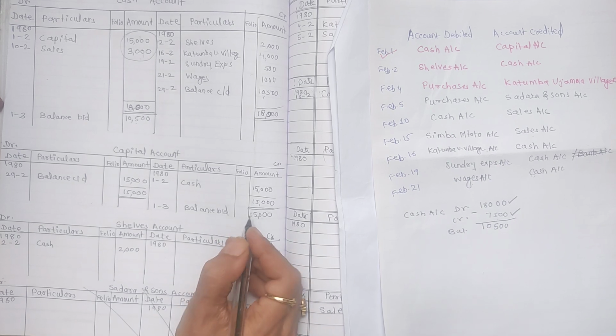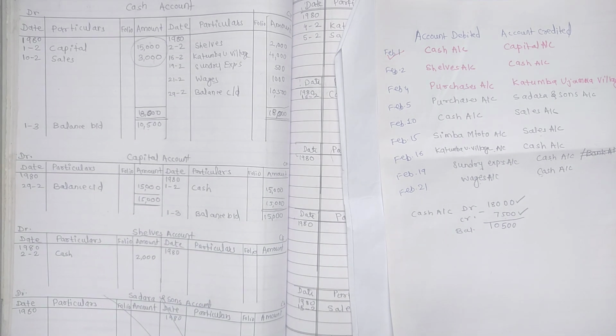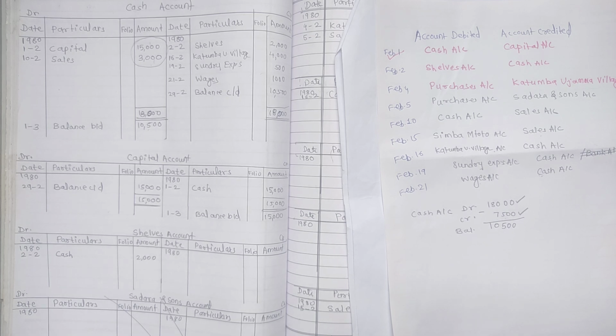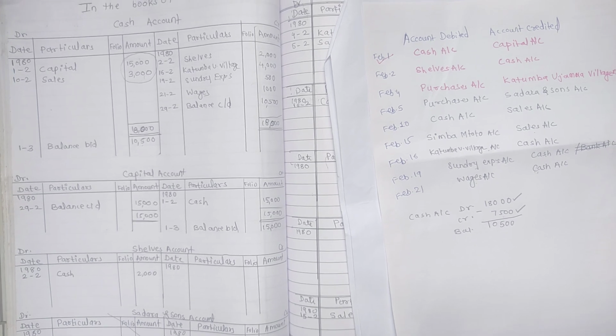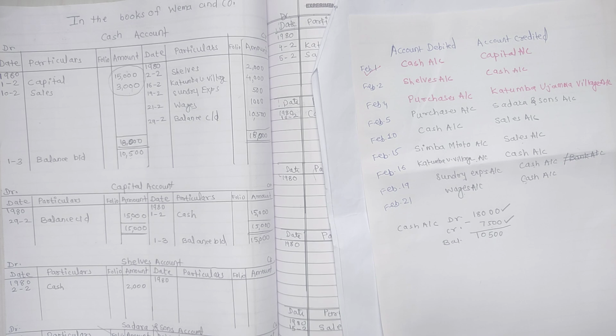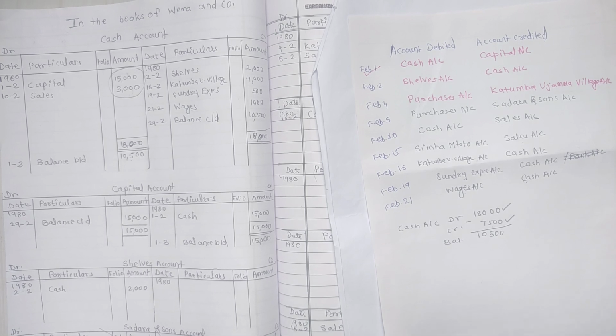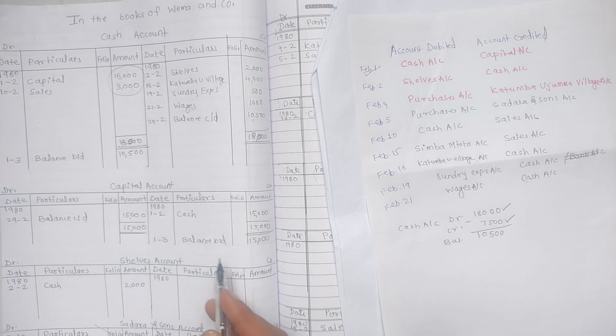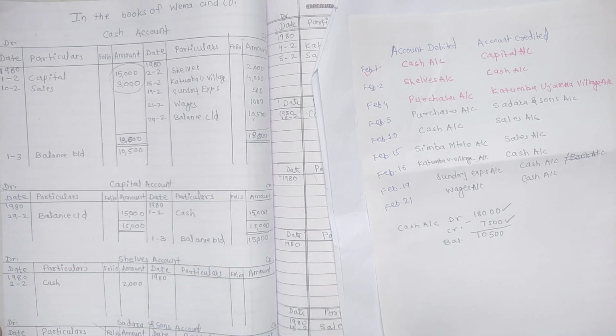Capital account always carries a credit balance. The cash column carries a debit balance. If it is a double column cash book with a bank column, it can carry debit or credit if there is an overdraft. But for the cash column, it will always be a debit balance. Capital will always be a credit balance.